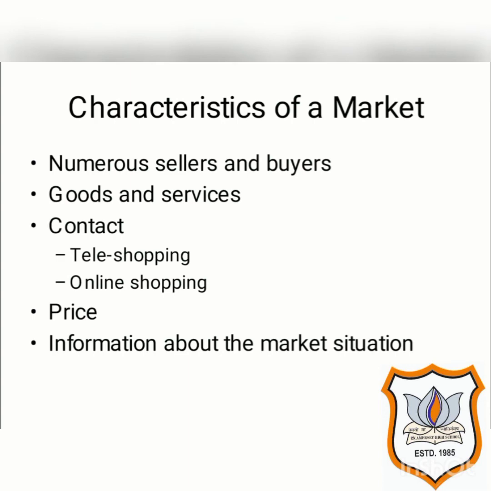That means when the buyer orders the services or product by using a telephone. Second one is online shopping. As we know that online is connected with the internet, that means when the buyer orders the product or services by selecting those from a website by using the internet.